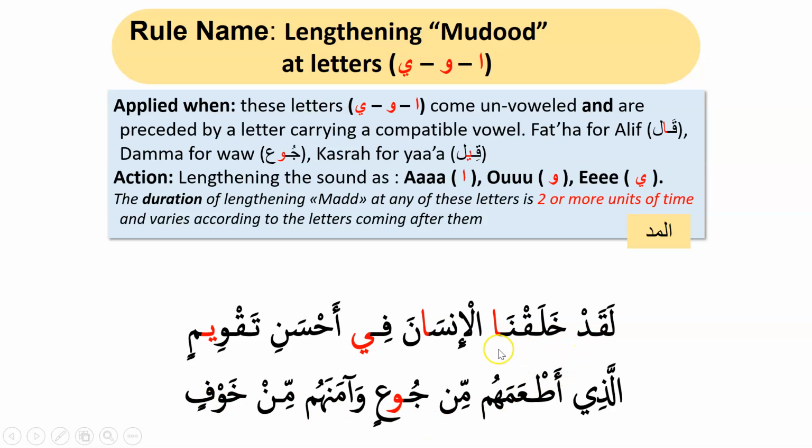Okay, so I will stress on the red letters. Please concentrate with me when I recite these verses. I need you to focus on the red letters, how I pronounce them, how I extend them. لقد خلقنا. But we have here an exception because this alif is omitted when there is hamzat wasl coming behind it. So let's forget about this for now because I don't want to confuse you.